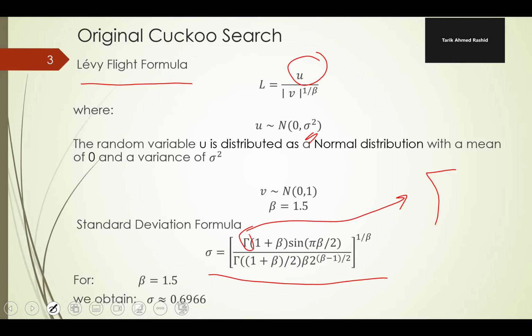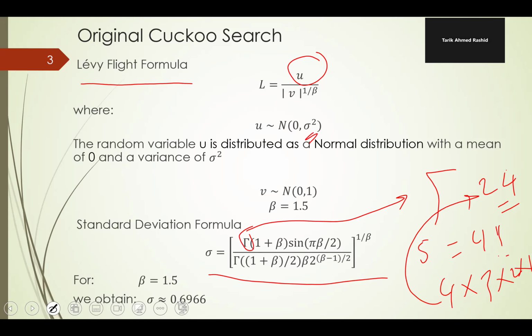For example, if we have five, the tilde of five means four factorial, so five minus one, four factorial. It means 4 multiplied by 3 multiplied by 2 multiplied by 1. So 4 times 3 is 12, multiplied by 2 is 24, and 24 multiplied by 1 is 24. That's the factorial of this number.